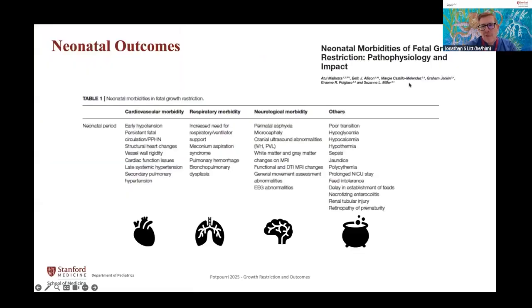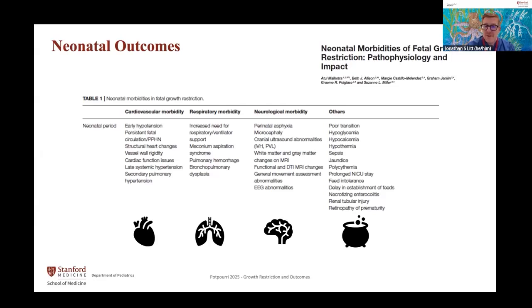Once the infant is born, we know that there are risks for several different types of morbidities that we need to think about. The first is the impact on the cardiovascular system: hypotension, persistent fetal circulation or PPHN, structural heart changes, and remodeling in terms of the vessel wall and cardiac function.